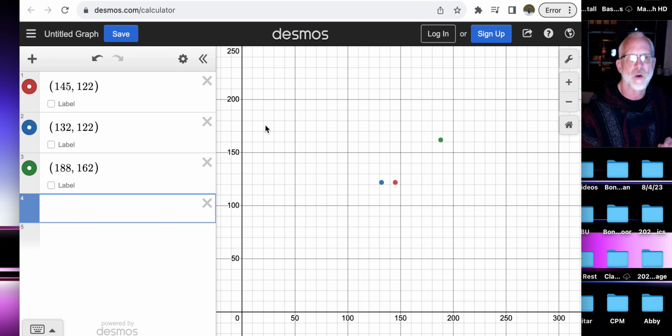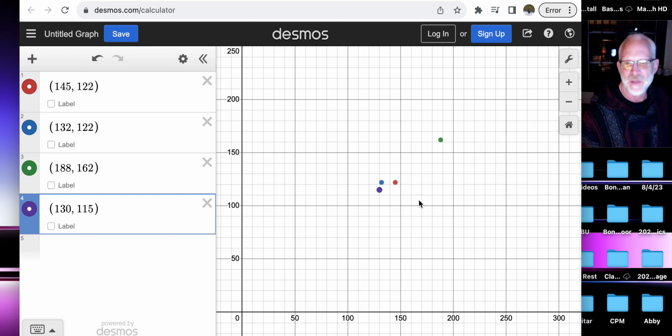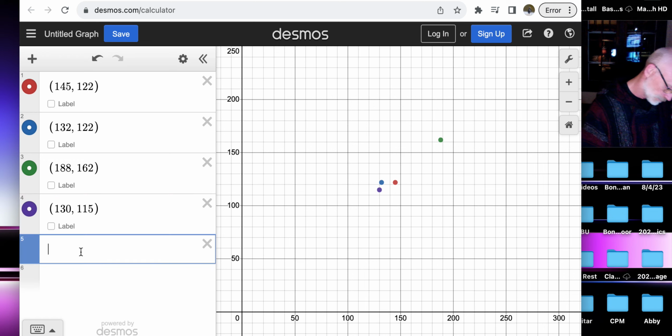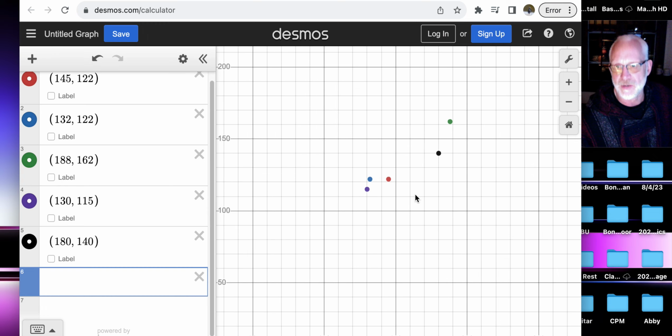So I'm just going to throw another data sample on here. Let's say we had somebody that was at 130 and 115. Okay, and let's say we had somebody in here that was at 180 and 140. Right? So then we want to see, okay, yeah, this looks like our trend right here, doesn't it?